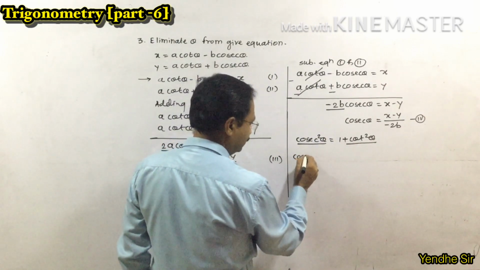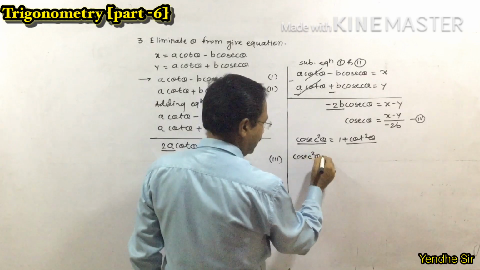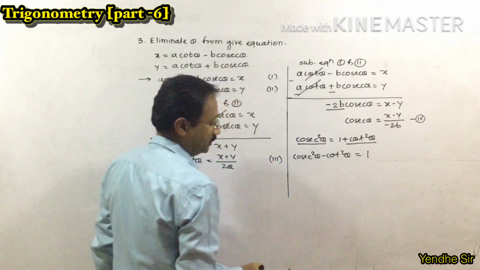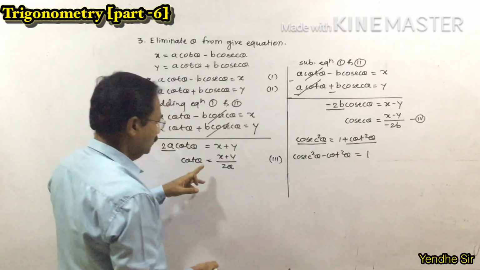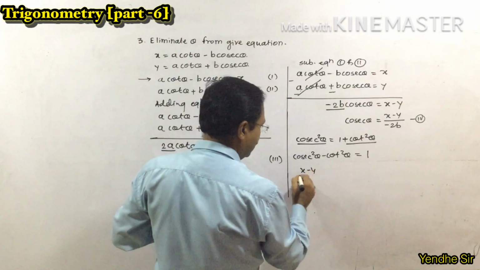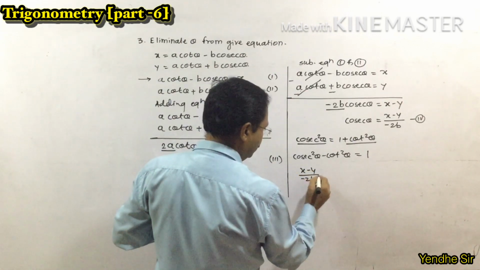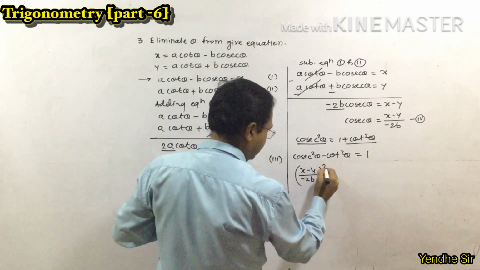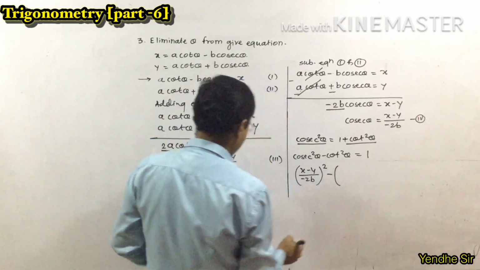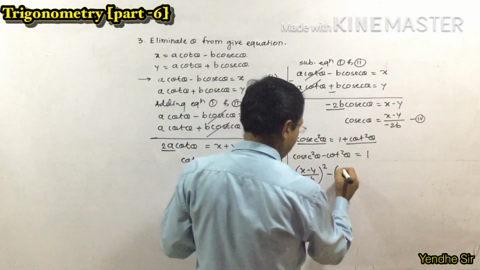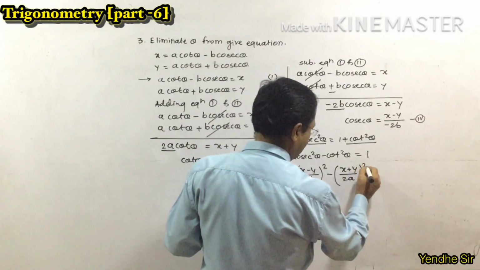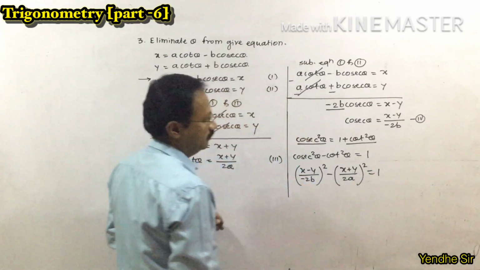We get cosec square theta minus cot square theta equals 1. Now let's substitute the values. Cosec theta's value is x minus y upon minus 2b, the whole square, minus cot theta's value x plus y upon 2a, bracket square, equals 1.